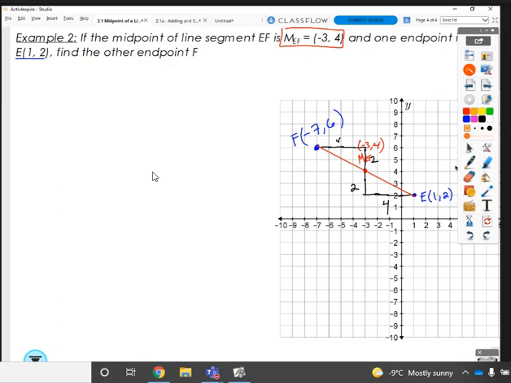Now, sometimes if the points are not so nice, what we can do is use this midpoint formula and leverage it to solve for the other endpoint. So we do know the midpoint formula: the midpoint of, in this case, EF equals x1 plus x2 divided by 2, y1 plus y2 divided by 2.